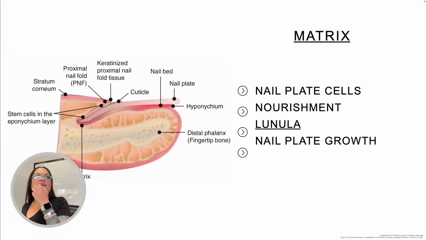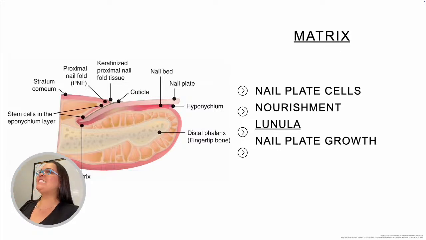This is the area where the nail plate cells are formed. We discussed that already, right? This is where everything is formed. It's kind of like a womb, where the baby is formed. We got us a little pregnant one.